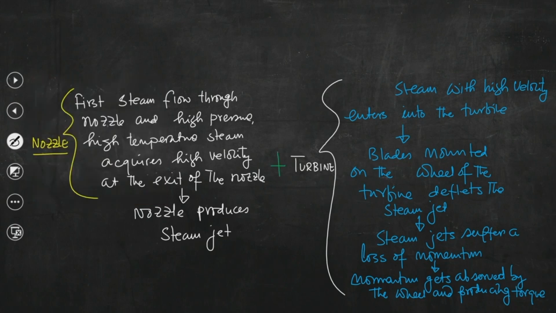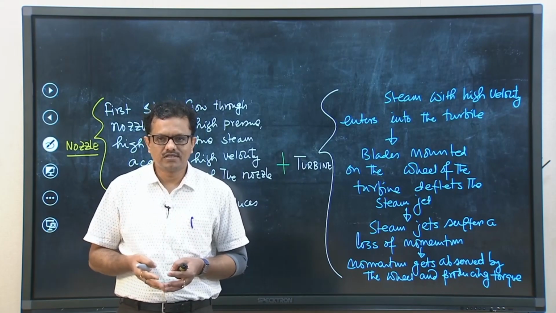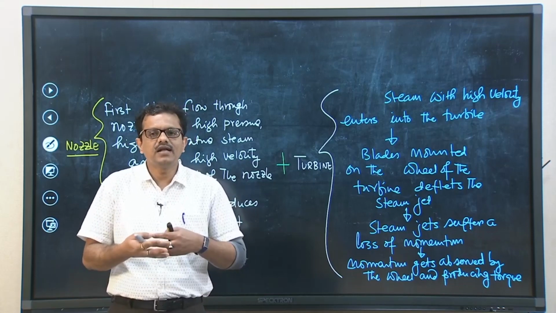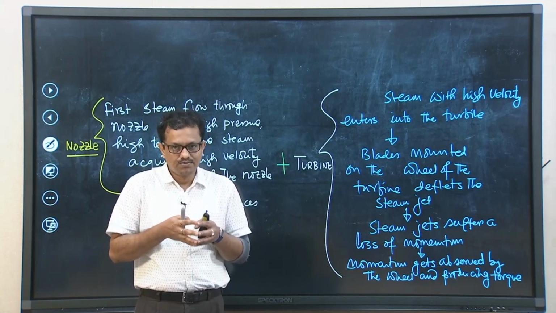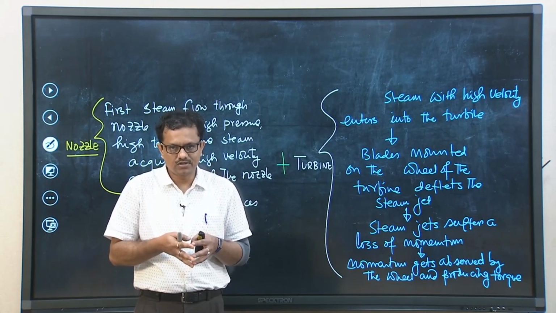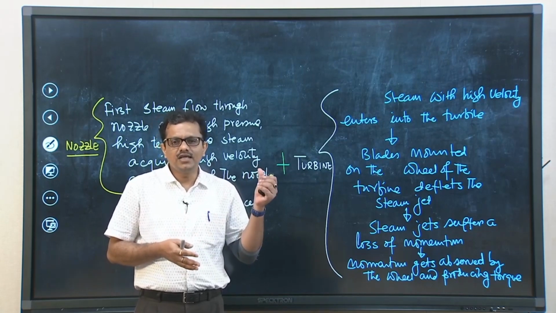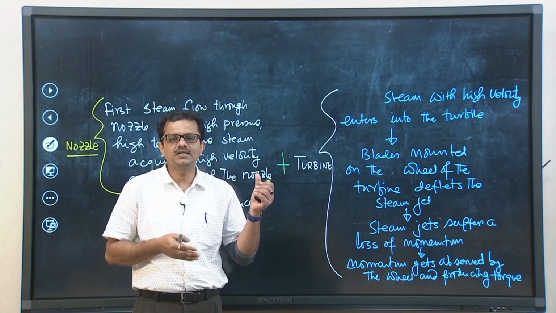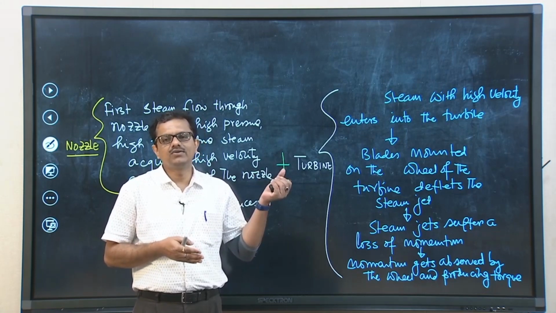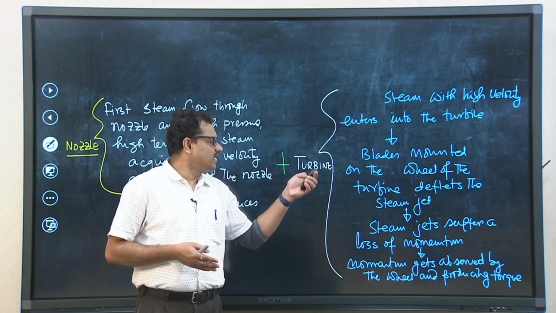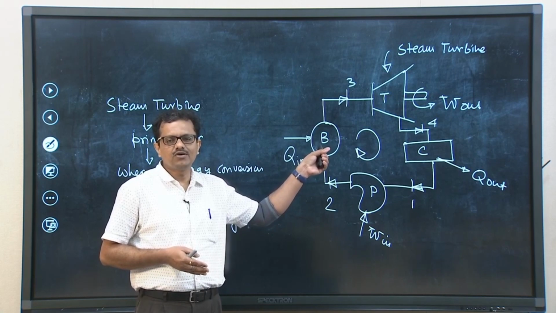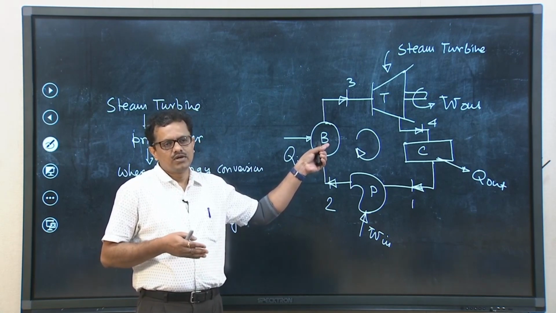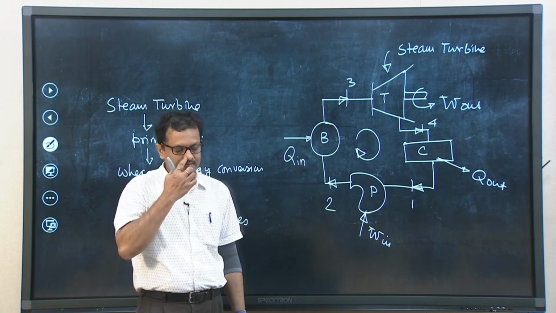So, this plus this, these two stages together constitute the total energy conversion, and we can understand that torque or shaft work is produced from the steam which has high pressure and high temperature at the inlet to the turbine, and that is why this boiler is there, because the sole purpose of this particular device is to produce steam of high pressure and high temperature.